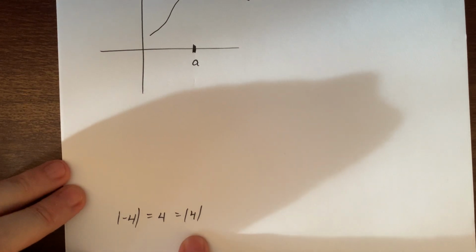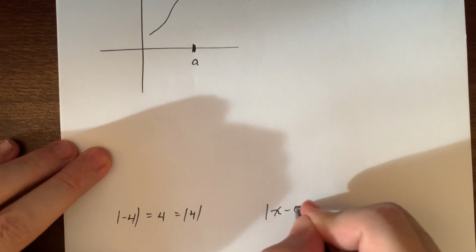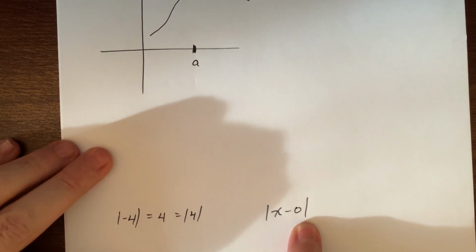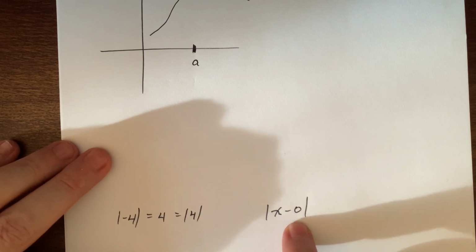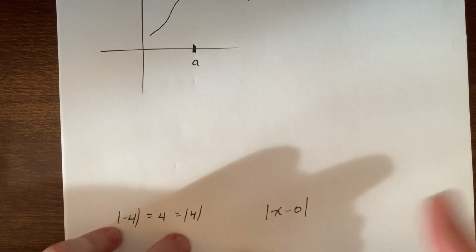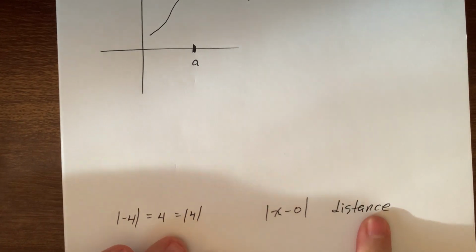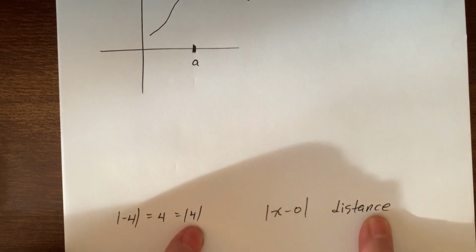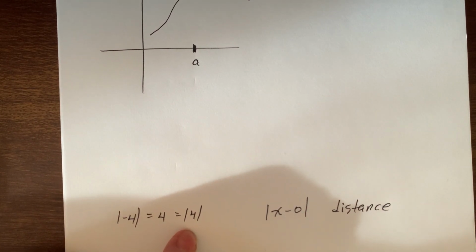So what is the absolute value really? The absolute value of x should really be set up as the absolute value of x minus 0. Whenever you have this expression, you are looking at distance. So minus 4 and positive 4, how far away are they from the number 0?